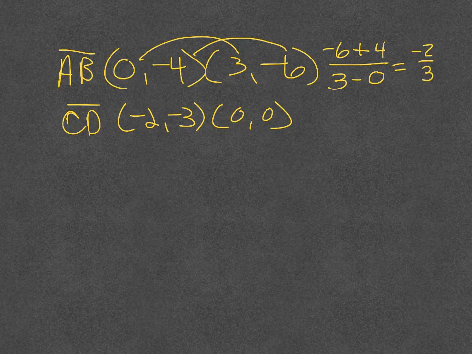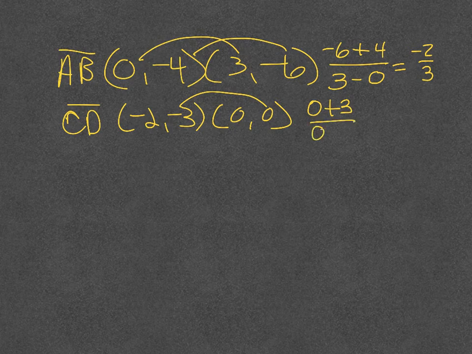Okay. All right, let's look at this one. Subtract your y's. 0 minus negative 3. Okay. And 0 minus negative 2 is going to be 3 over 2.